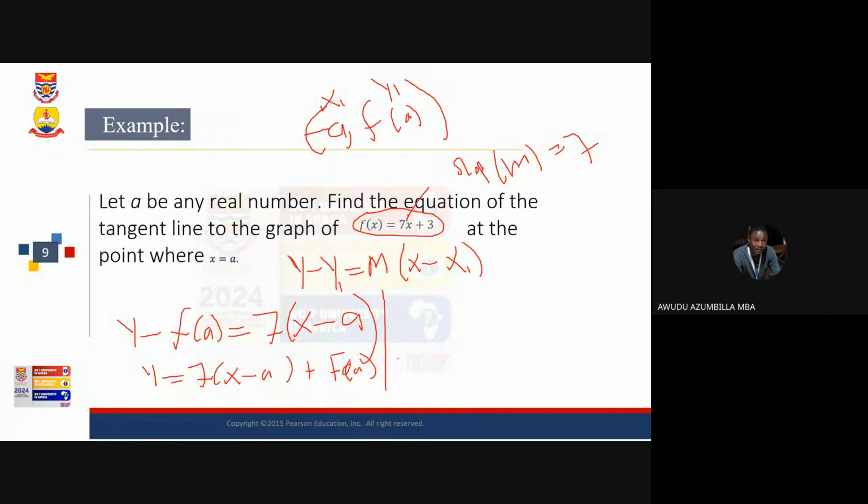Now, let's open the bracket. If you open this bracket, 7 multiplied by x is 7x, minus 7a. So 7x minus 7a.